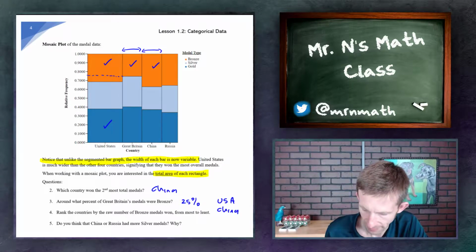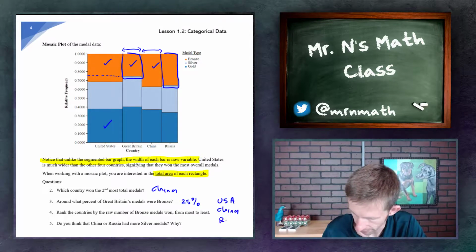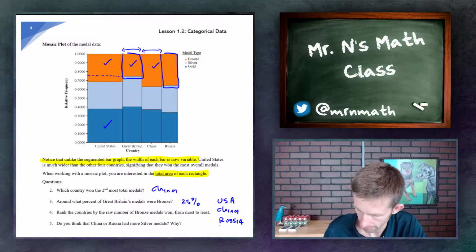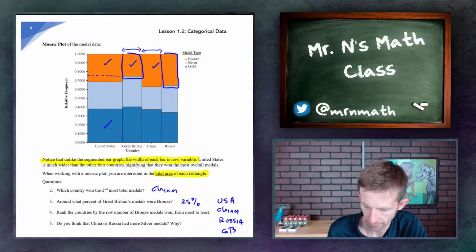The third biggest area looks like Russia. So if I'm looking at this area, that looks bigger than this area. So Russia, and then Great Britain.